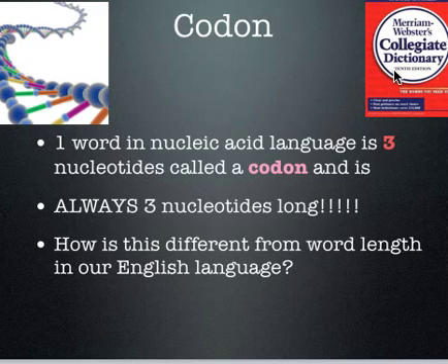In our English language, words can be 1 letter long, like A, can be 2 letters long, at, 3 letters long, the word the, 4 letters long, the word band, and so forth. But in nucleic acid language, it is always 3 nucleotides long, never 2, never 4, only 3. And we'll talk later how the cell does that. Okay?